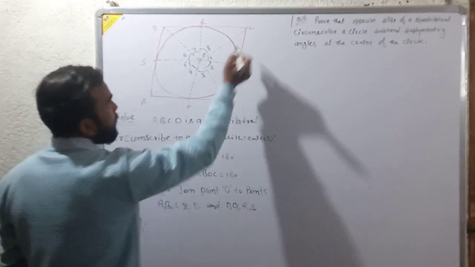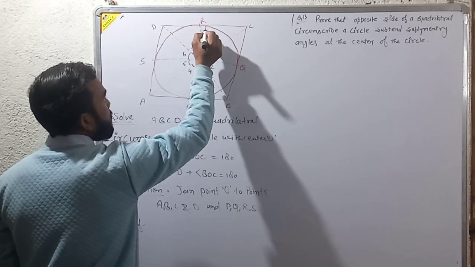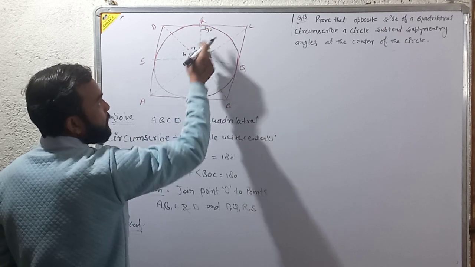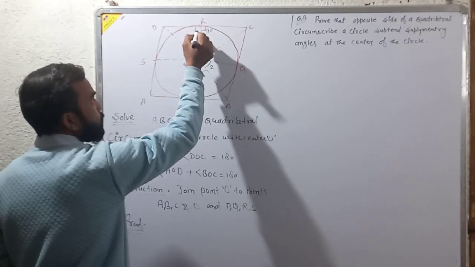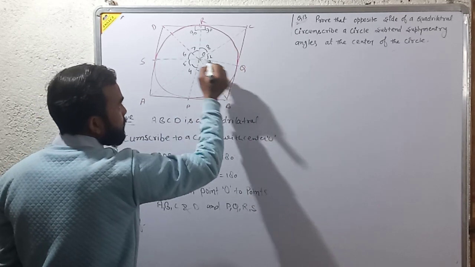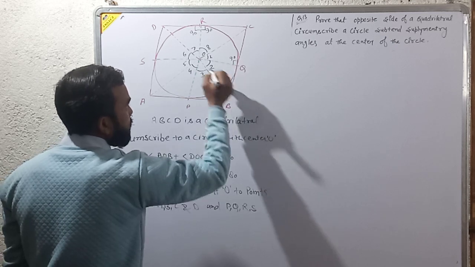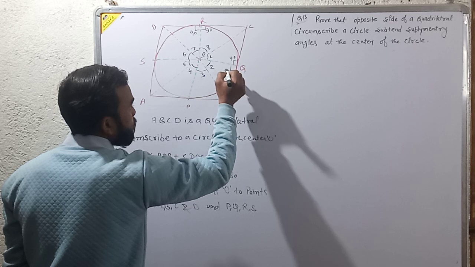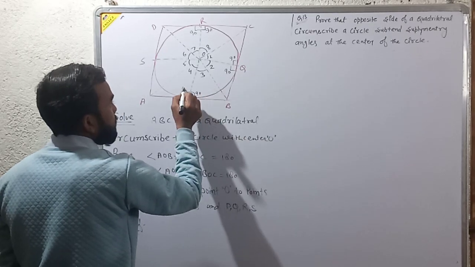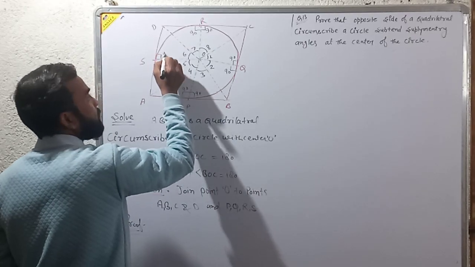In right angle triangle CRO, this will be 90 degrees because the angle between tangent and radius is 90 degrees. Here this is the tangent and this is the radius, so it will be 90 degrees, and similarly here 90 and 90 degrees. Clear?